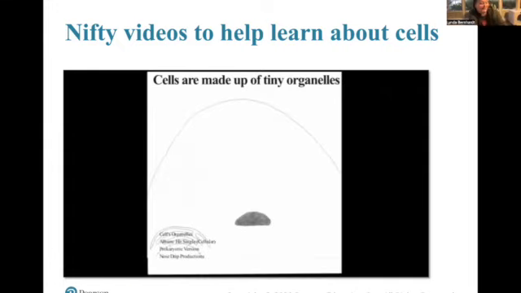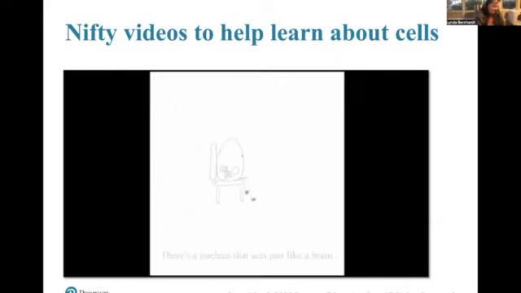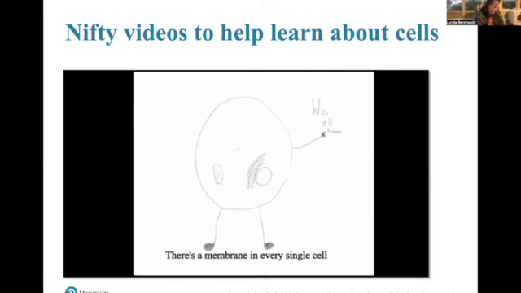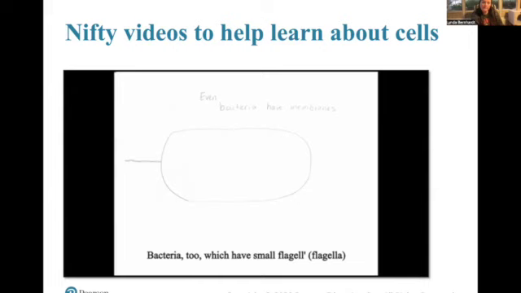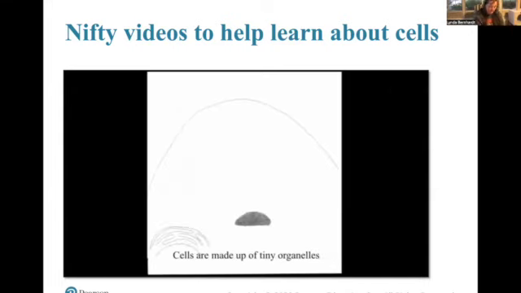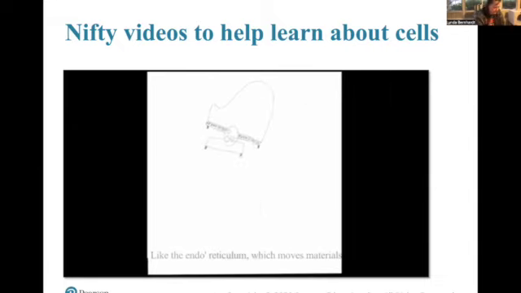Cells are made up of tiny organelles. For example, mitochondria, which can replicate themselves. There's a nucleus that acts just like a brain, telling genetics to act each and every way. There's a membrane in every single cell, bacteria too, which have small flagella. Cells are made up of tiny organelles, like the endoplasmic reticulum which moves materials.